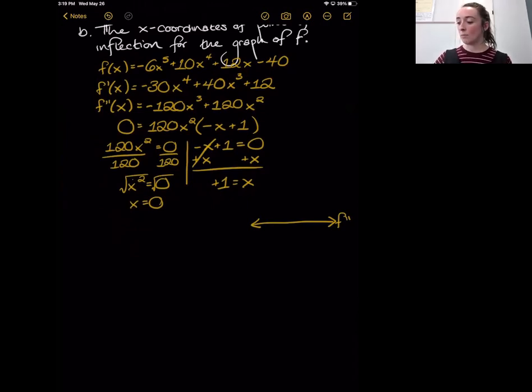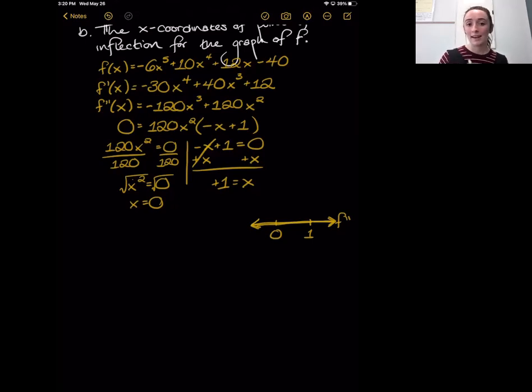So I'm going to mark my two x values that I found, x equals 0 and x equals 1. And now I want to fill in each of those intervals: from negative infinity to 0, from 0 to 1, and from 1 to positive infinity. I want to figure out on each of those intervals, is f double prime positive or negative?